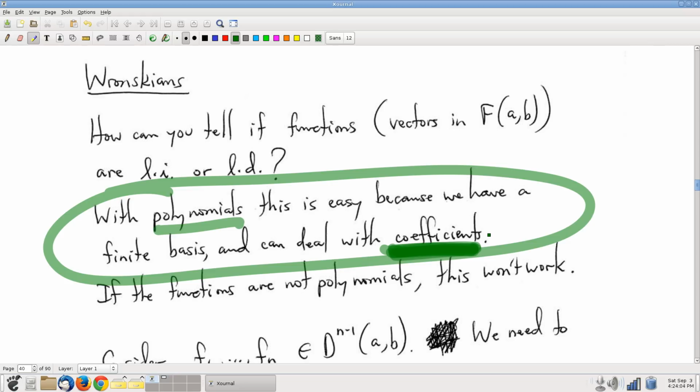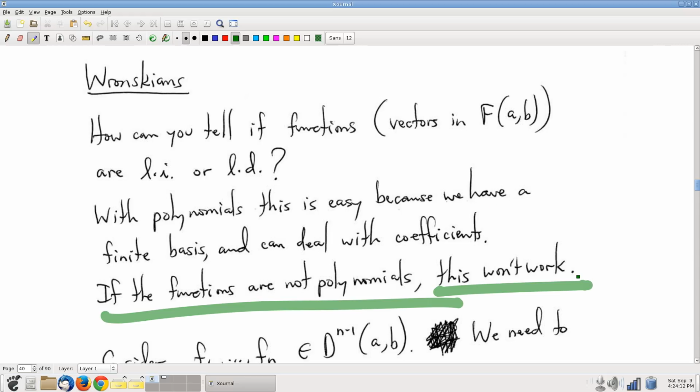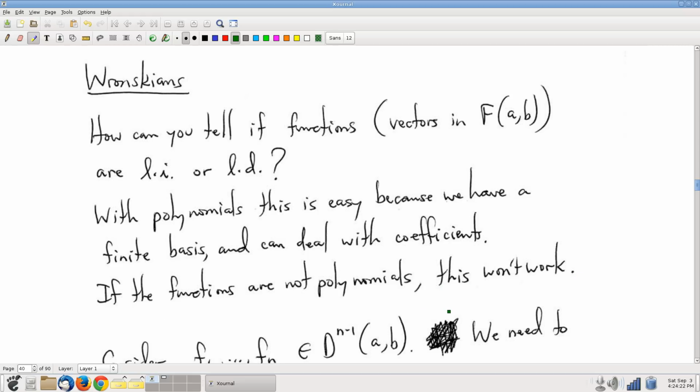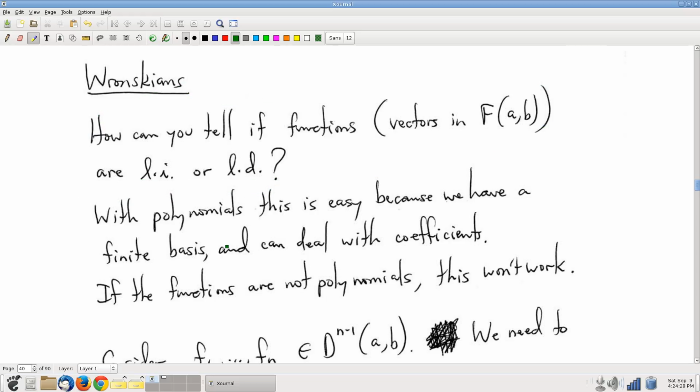And that's just a lucky break about the structure of polynomials. In general, though, if the functions aren't polynomials, that doesn't work. There are no coefficients to center your argument around. So it just doesn't work. So we have a non-trivial question here as to how do you decide, given a list of functions, is that list of functions independent or dependent?